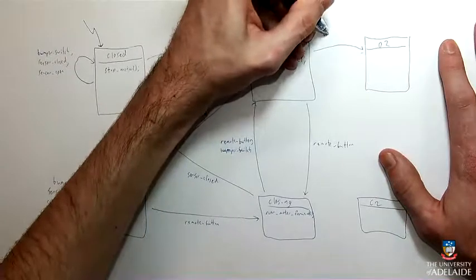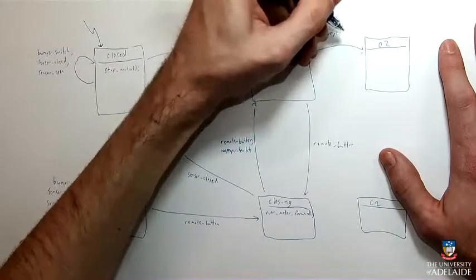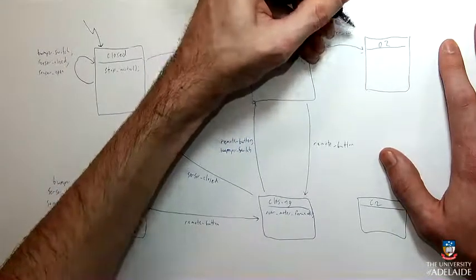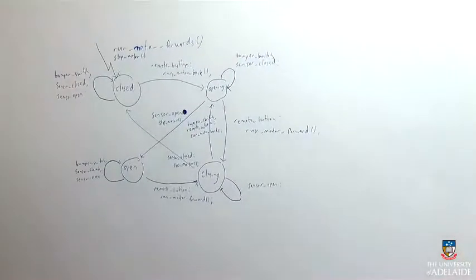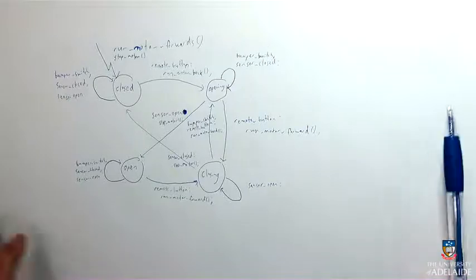Wasn't it for all of them it was bumper switch, sensor closed and sensor open? No, because if the door was opening, we said that if we get the bumper switch or the sensor closed, yeah, exactly.